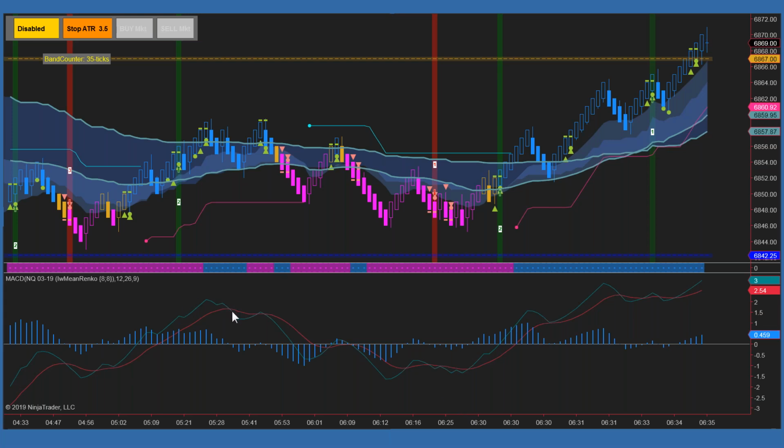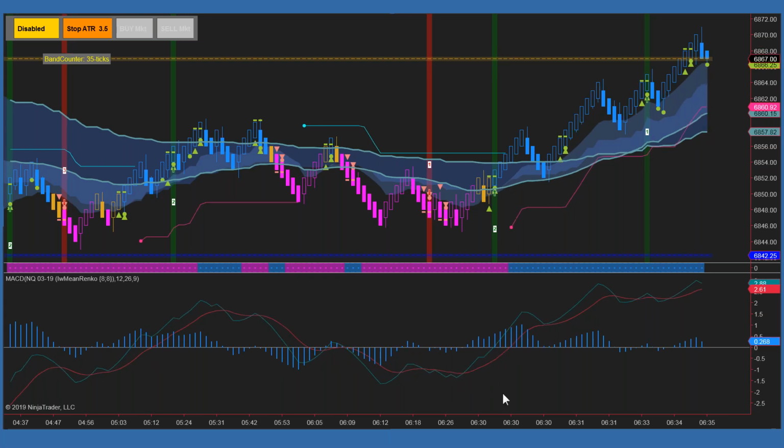So when MACD crosses to the short side, you start to sell. When it crosses to the long side, you start to buy. As you can see, that can sometimes give you a few too many signals, and you can kind of end up in a little bit of trouble.